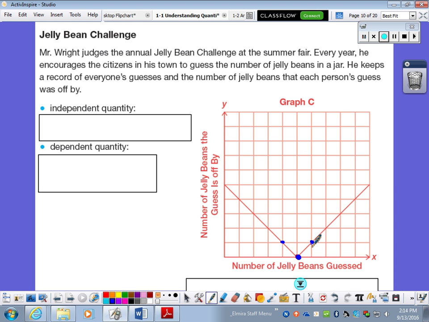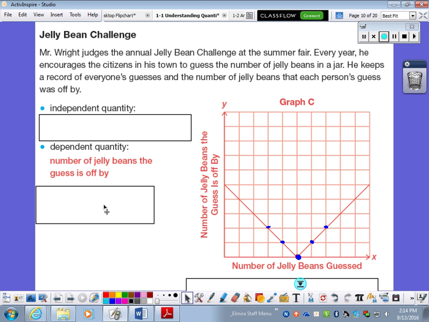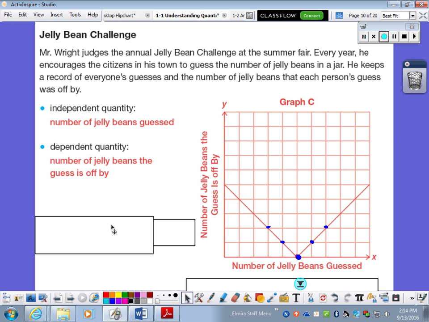But off by one less, off by one more, you're still off by one in either direction. So that's why it's making that V shape. Off by two less, off by two more. It's making that V shape. And don't forget to put in your number of jelly beans guessed for your independent, and you got your dependent variable.